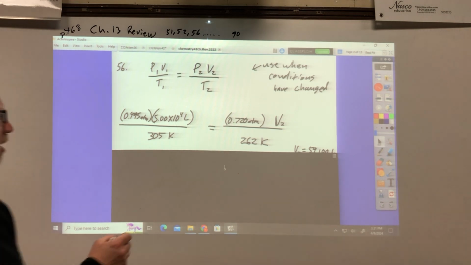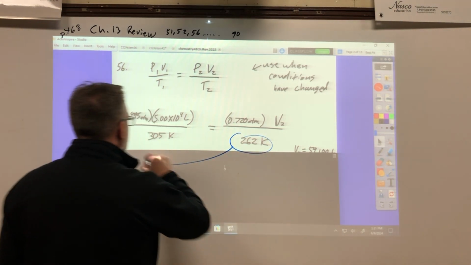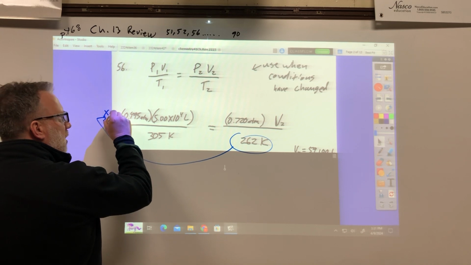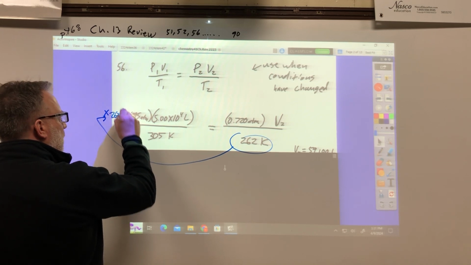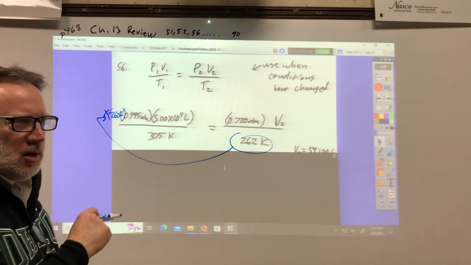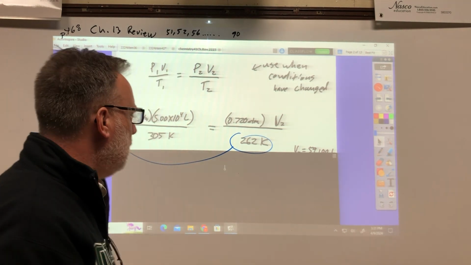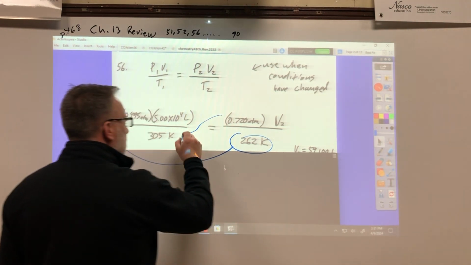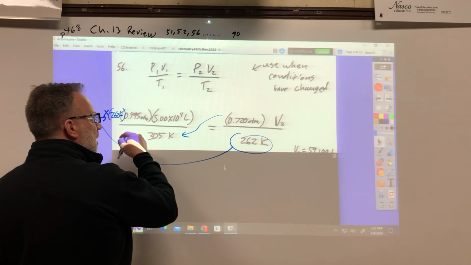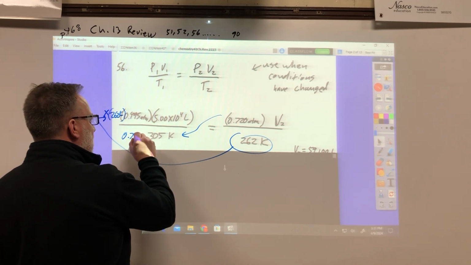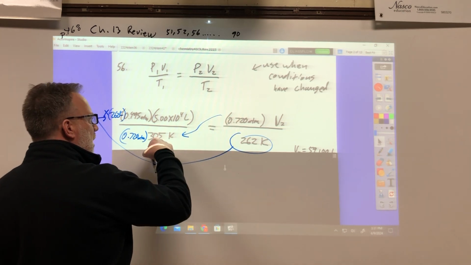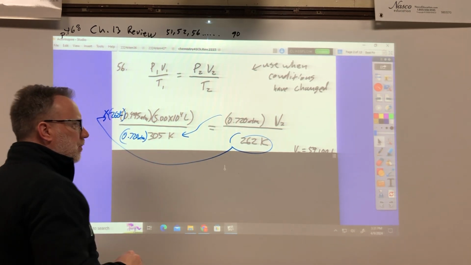Well, you have to bring this up here and multiply times 262. Now, make sure, if you didn't already know that, you know that now. You have to take this down here and multiply it down here, so you're dividing into 0.720 atmospheres. So from the top it goes to the bottom, from the bottom it goes to the top.